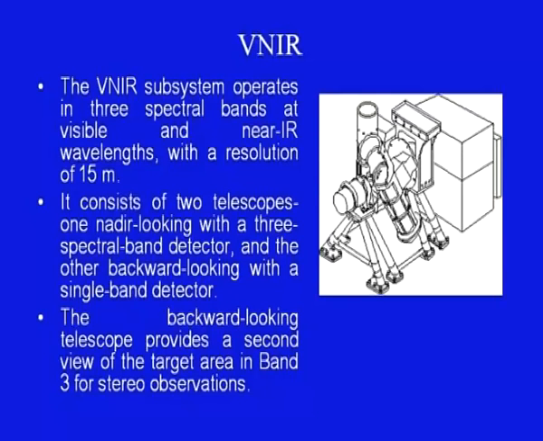It consists of 2 telescopes, one nadir looking with a 3 spectral band detector and the other backward looking with a single band detector. The backward looking telescope provides a second view of the target area in band 3 for stereo observations.